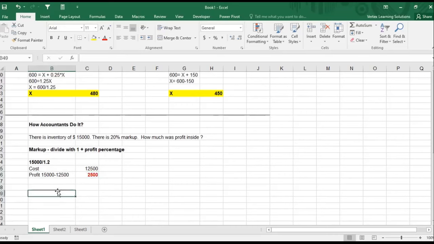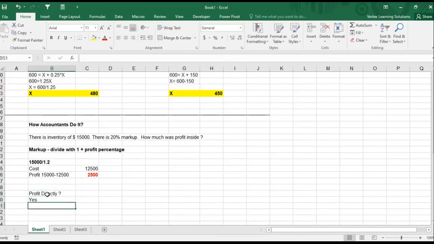It is also possible that you do this number directly. See, when I said 15,000 divided by 1.2, it gave me the cost. And then I said cost 12,500 minus the selling price 15,000, and therefore the profit is 2,500. Can I calculate profit directly? Profit directly, yes. Answer is yes.